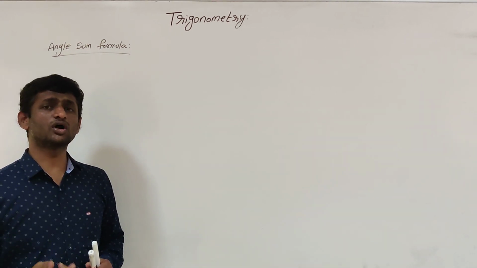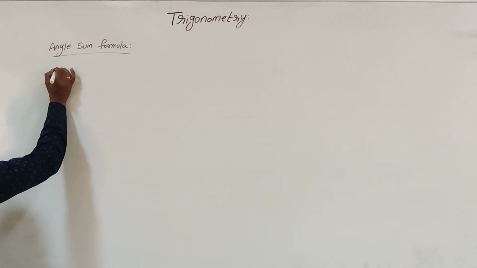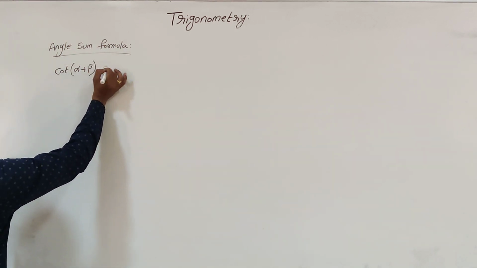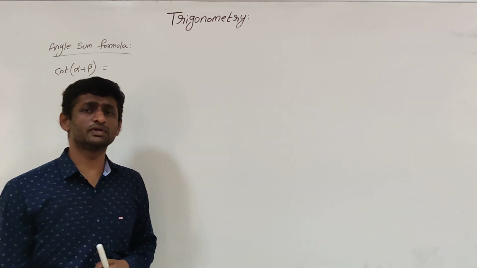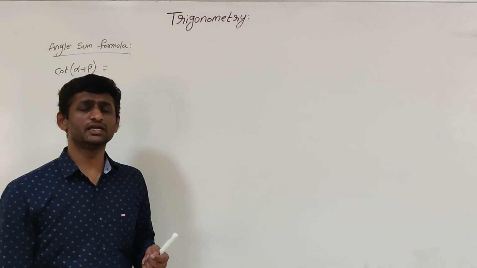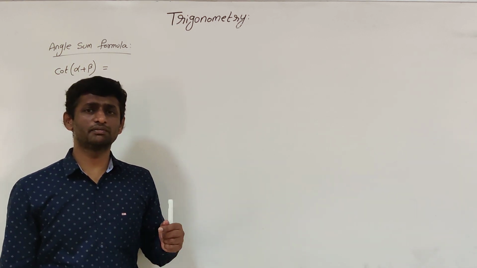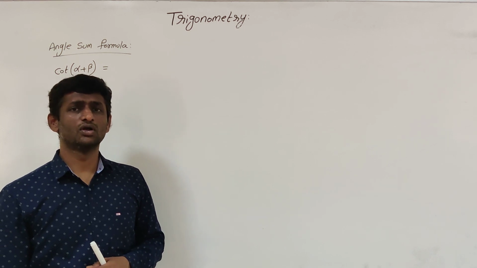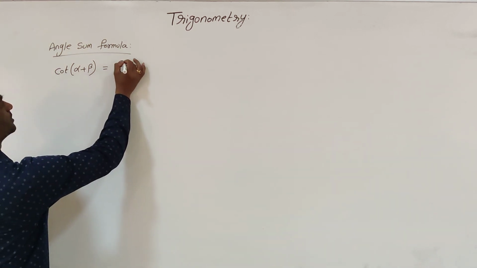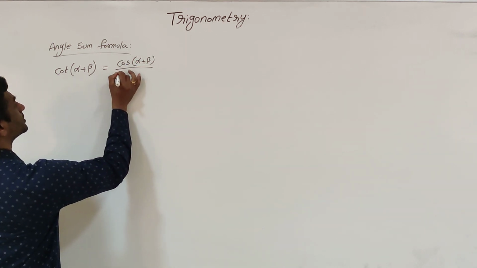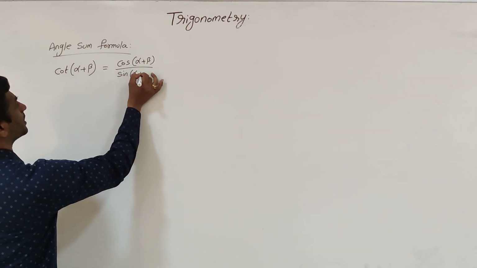Next, we'll go for cot of alpha plus beta. Cot of alpha plus beta is the reciprocal of tan of alpha plus beta, or we can write adjacent side of alpha plus beta by opposite side of alpha plus beta, or we can have cos of alpha plus beta by sin of alpha plus beta.